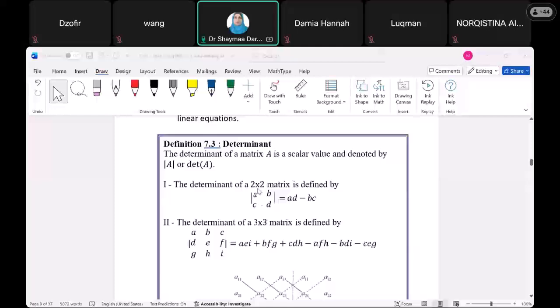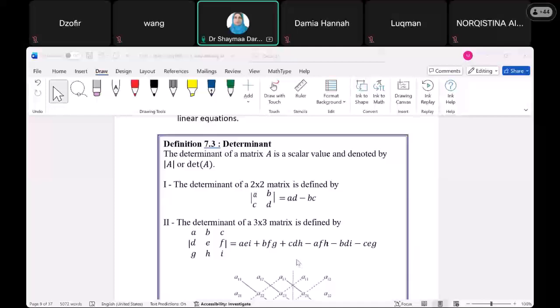Okay, if you have a 2 times 2 matrix, 2 columns, 2 rows, then the determinant will be A times D minus B times C.